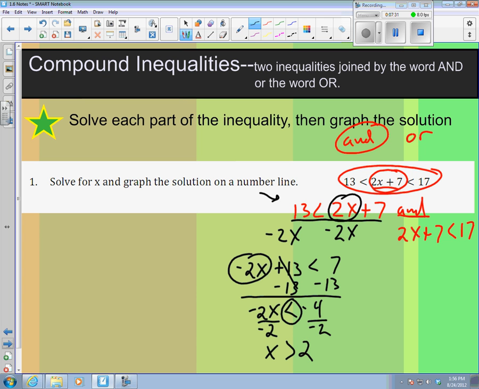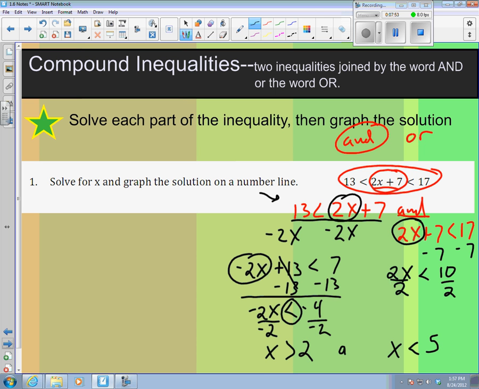The second solution here, we'll start solving. Let's get 2x by itself. So I'm going to subtract 7 from both sides. 2x is less than 10. Divide both sides by 2, and I get, I'll put it down here, x is less than 5.